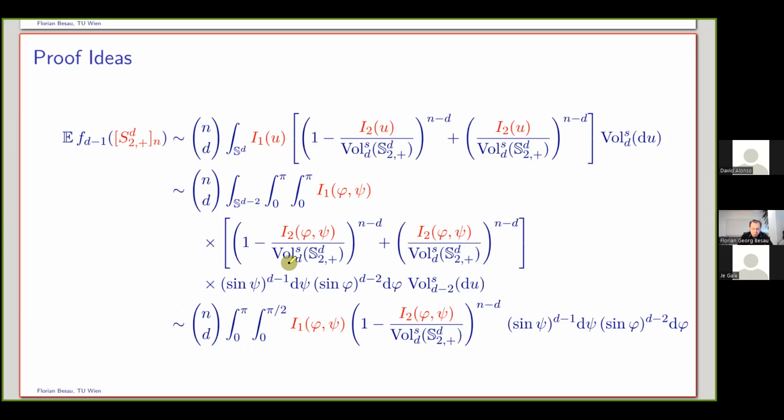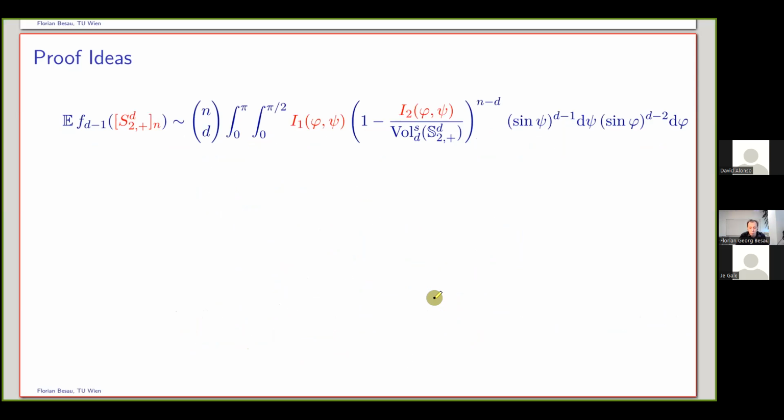In the paper, we have this precise, and we obtain the precise constants, but for now, we just want to look at the asymptotics of this quantity. Okay, so here we are at this, and now we can use our lemma to use the estimates on I1 and I2. So I just copied the last line over.